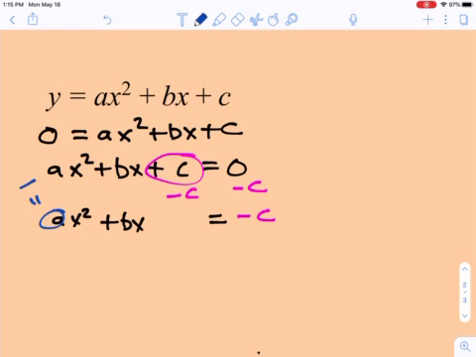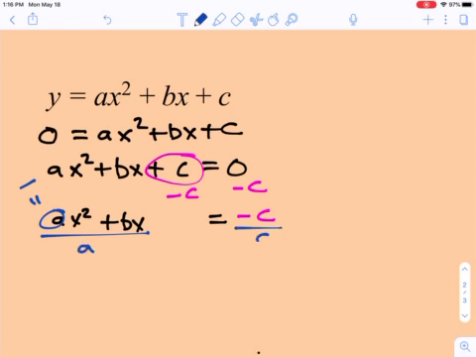The only way I can be sure that that is 1 is by dividing the entire equation by a, to make sure that whatever this is, if I divide it by it now, the coefficient in front of the x squared can only be 1. So I'm going to divide this whole thing by a.